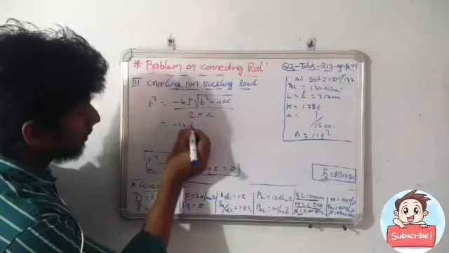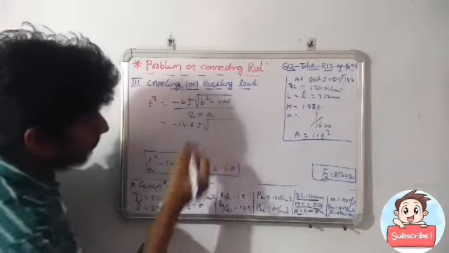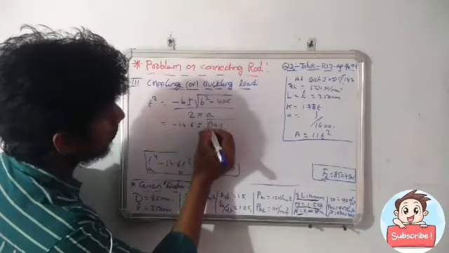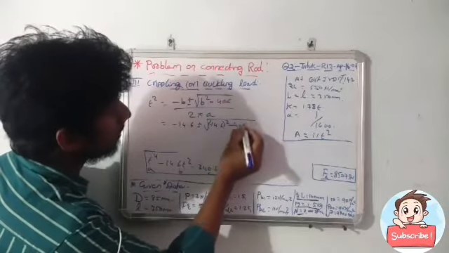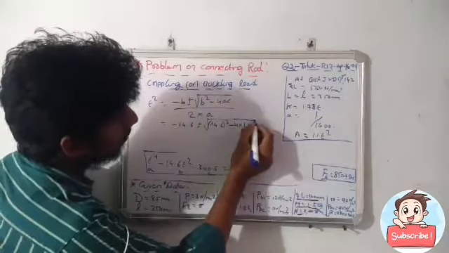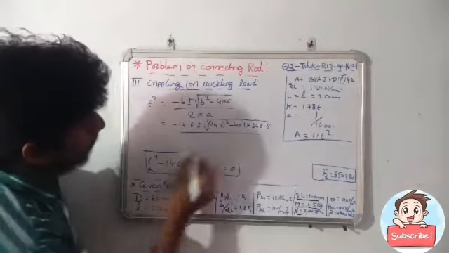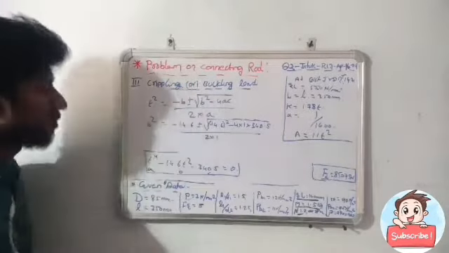So substitute that a, b values here. That is equal to minus 14.6 plus or minus root, what is the b? 14.6 whole square minus 4 into, what is the a? 1 into, what is the c? 340.5, whole divided by 2 into 1, that is equal to t square.